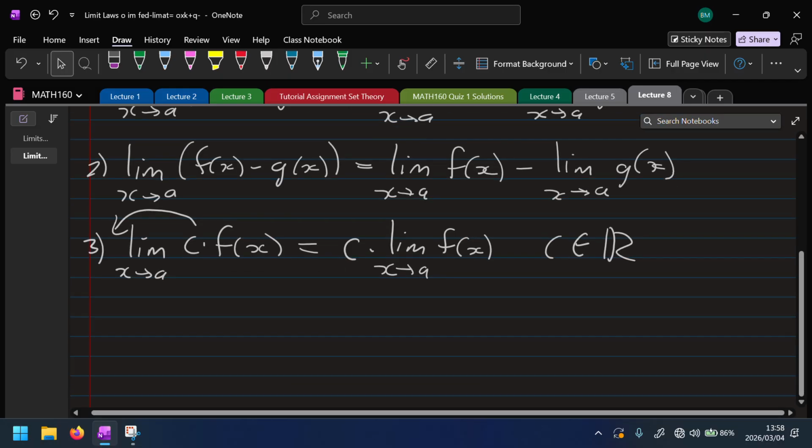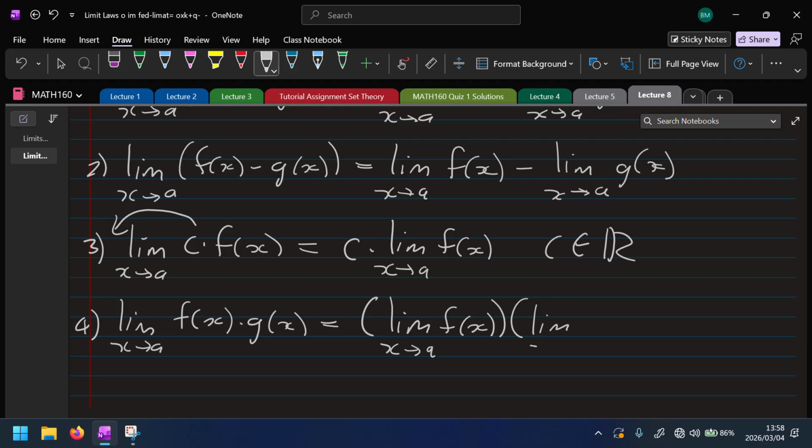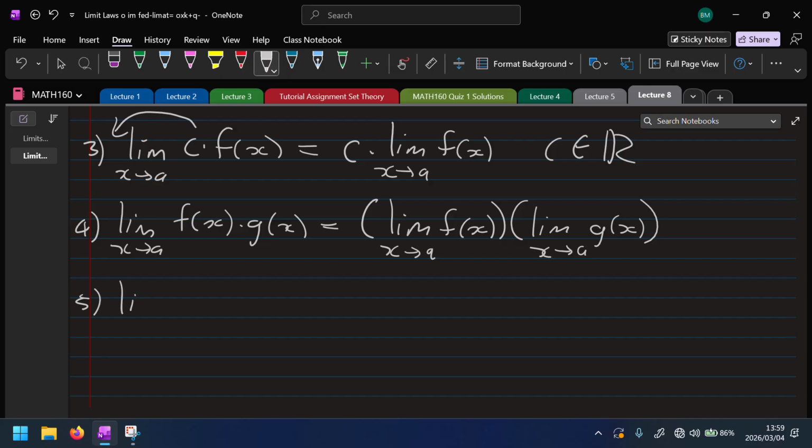Number four. If we have the limit x goes to a of f of x times g of x, again, the limit of them separately must exist. Then we can write it as the product of the limits. Number five, limit x goes to a f of x over g of x.